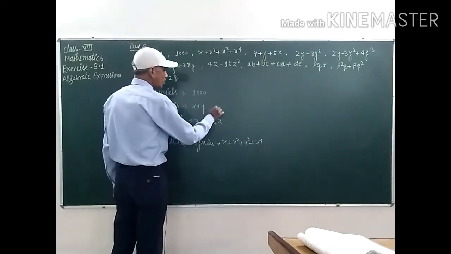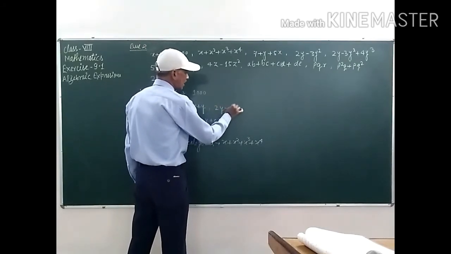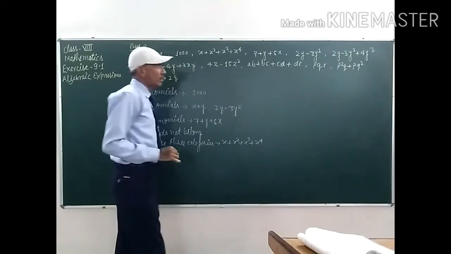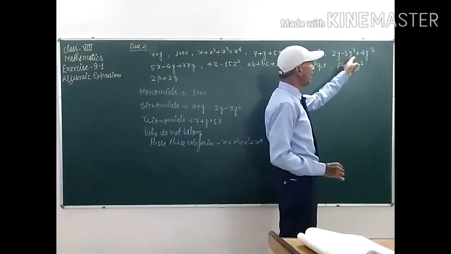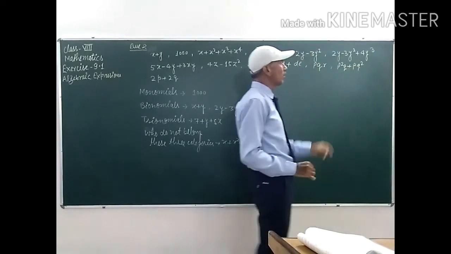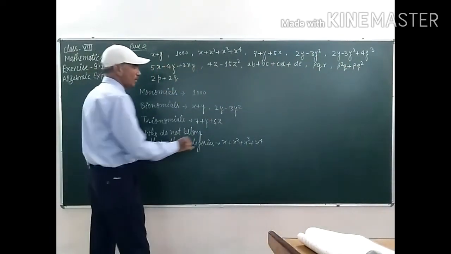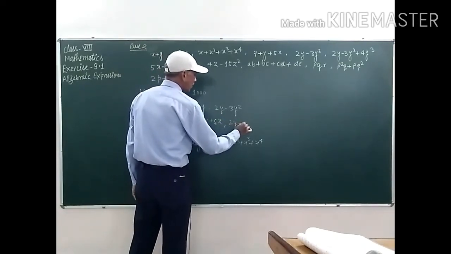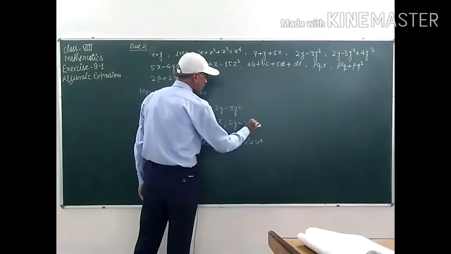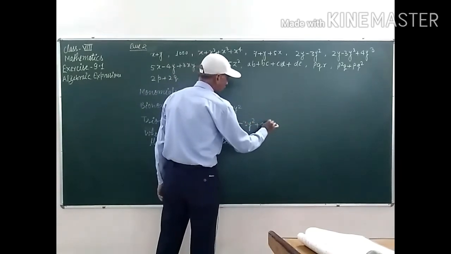So 2y minus 3y square. Okay, and in this 2y minus 3y square plus 4y cube, there are three terms, so this is a trinomial. Okay, so 2y minus 3y square plus 4y cube.